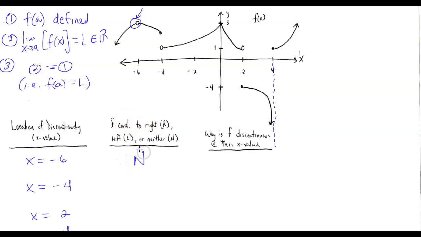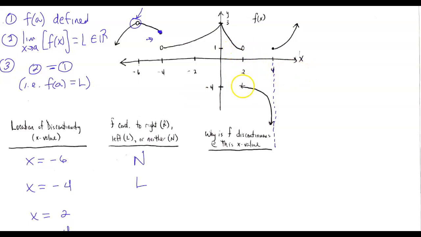So this would have to be a neither case. Okay. If we move on to the location x equals -4, we do have a defined point here. And if we look at it, it is on the left piece of our function in reference to x equals -4. So this function will be considered to be continuous to the left at the location x equals -4.